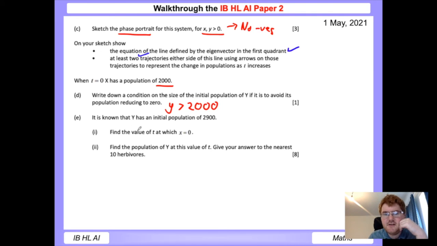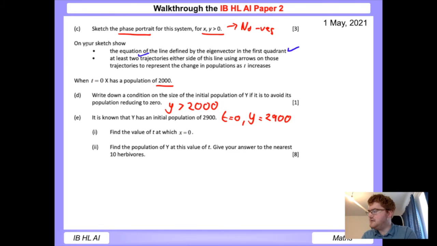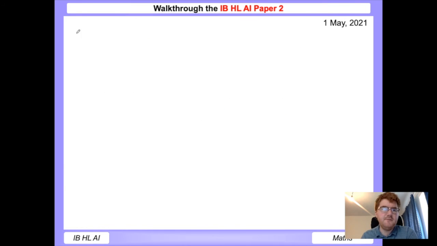And then for part E, it's known that y has the initial population of 2,900, so some more initial conditions. So t is 0, y is equal to 2,900, which we're going to use. Find the value of t at which x is equal to 0. So first thing we need to do is write down that solution that we did before. So this is now E part 1.